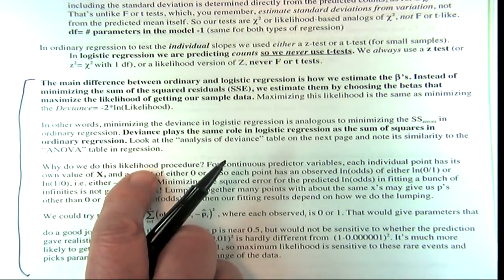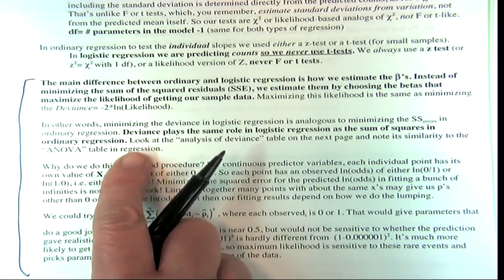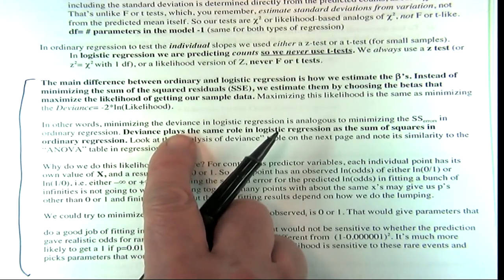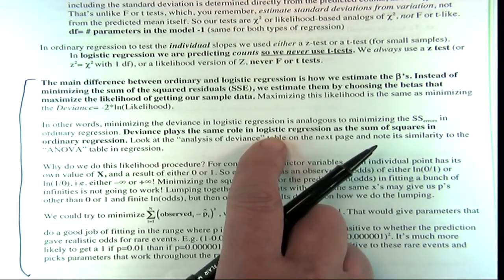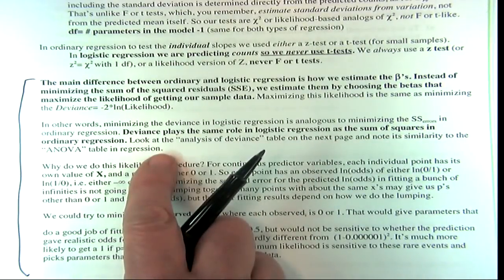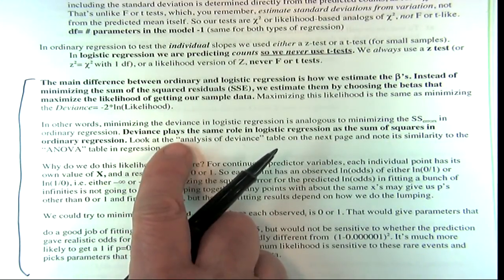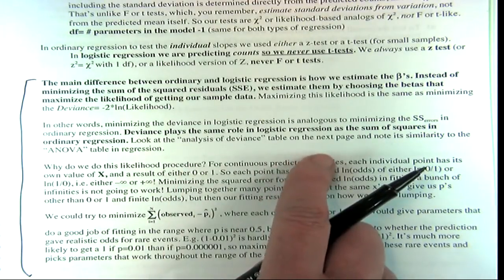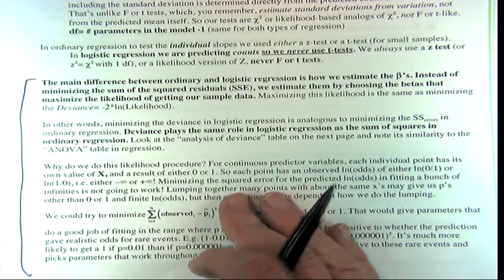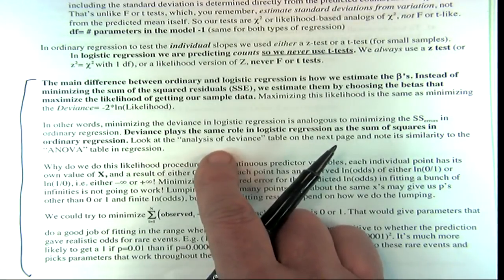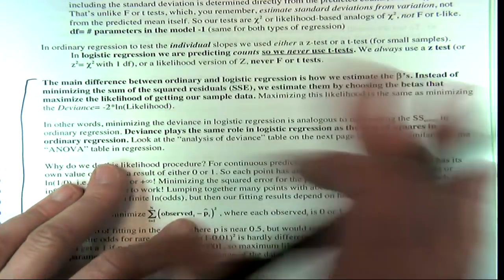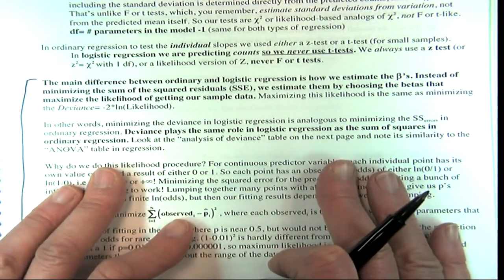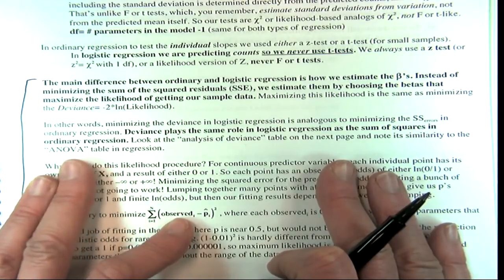Minimizing the deviance in logistic regression is analogous to minimizing the sum of squared errors in ordinary regression. So deviance plays the same role that the sum of squares does in ordinary regression. We'll be looking at something called an analysis of deviance table in this section, and it's extremely similar to the ANOVA table in regression.